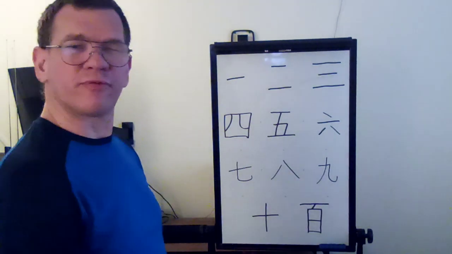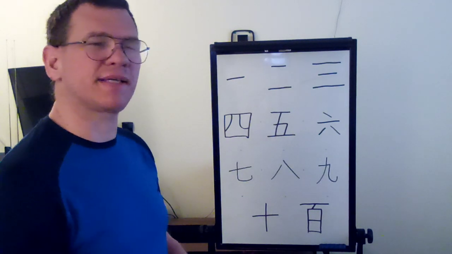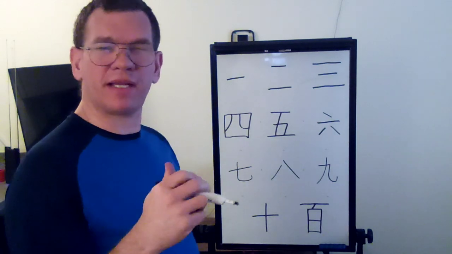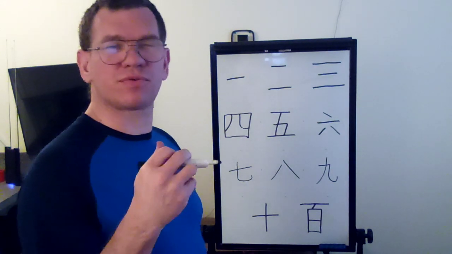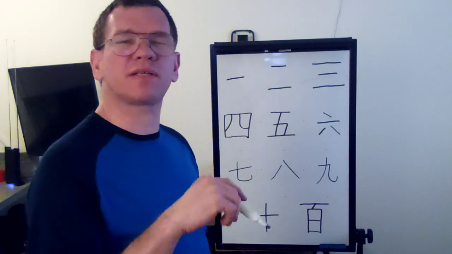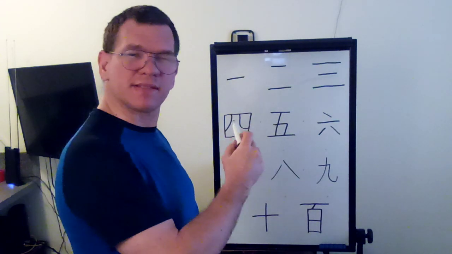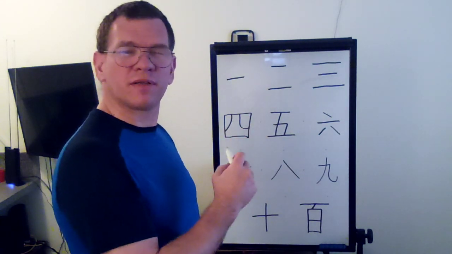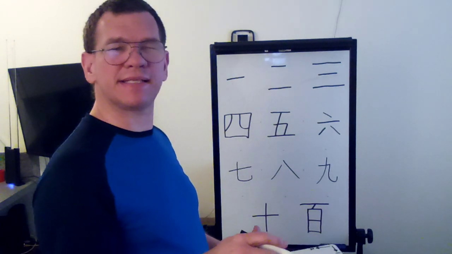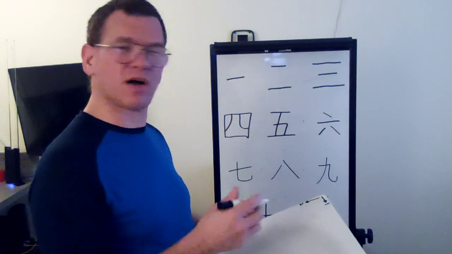So take a look at number 4. It's a box. Now boxes are interesting in that the last line or stroke that you write is always going to close the box. So you always finish what's inside of the box before you finish the whole character. The last stroke will close the box, and it's always on the bottom.